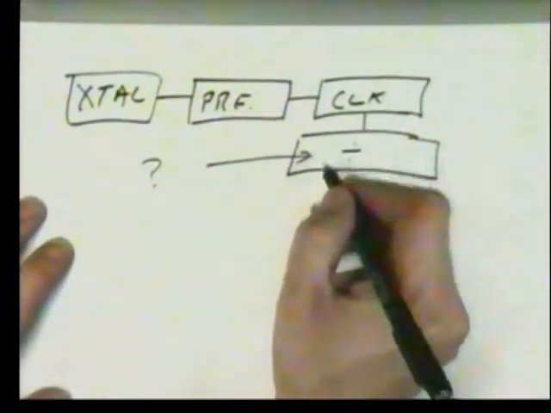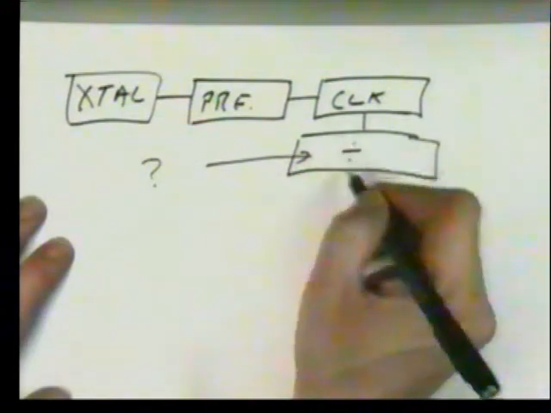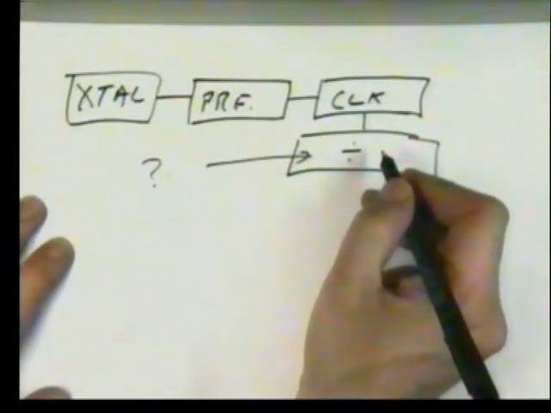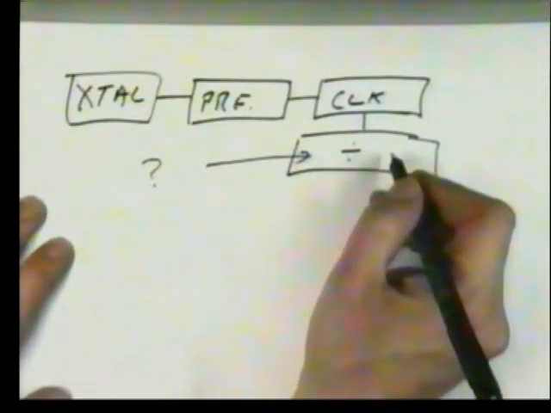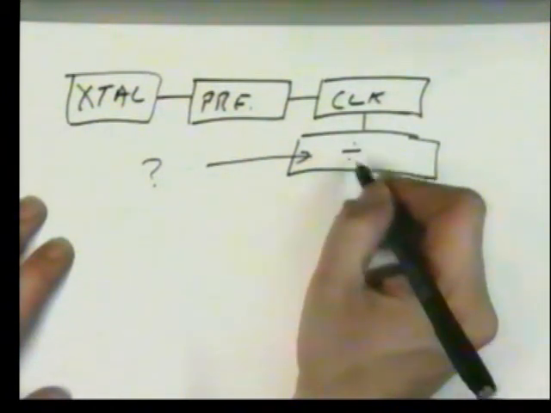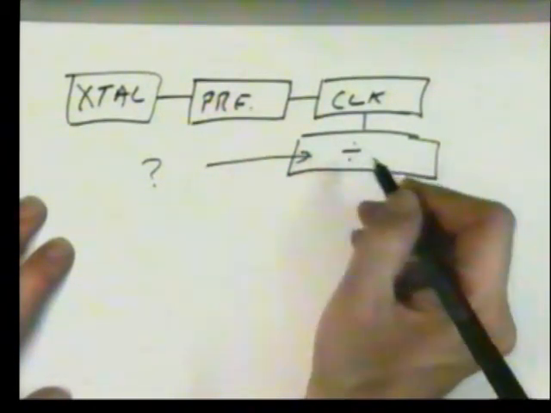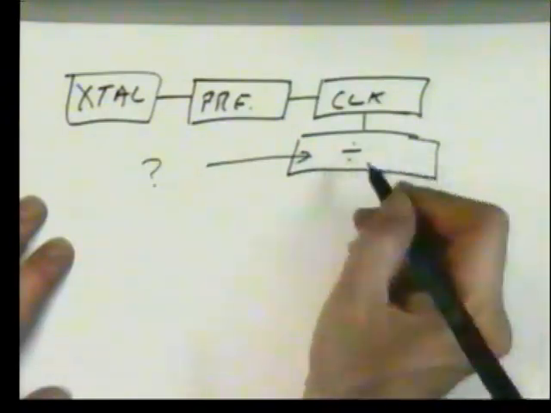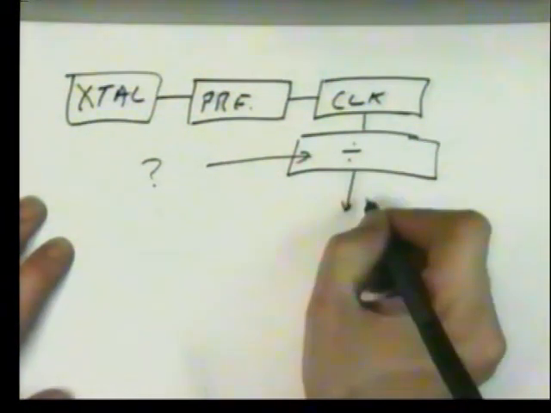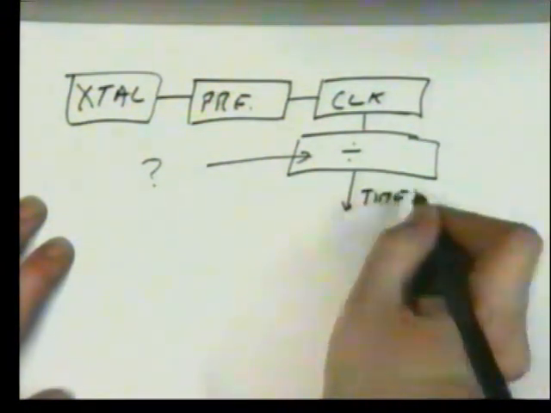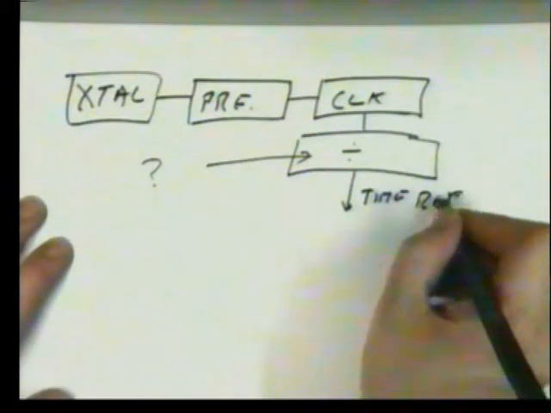This divider is always available for you to write any number you like into it under program control, so you can dynamically change it during the lifetime of your function in case you go faster or slower. It's quite a powerful technique. The output of that will be some time reference of your own choice.